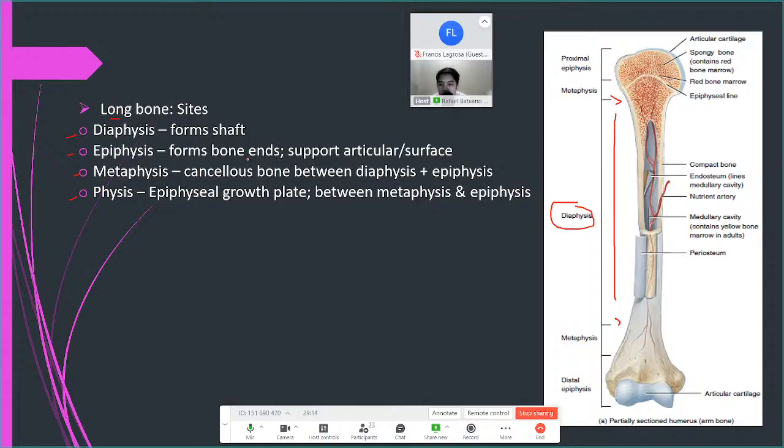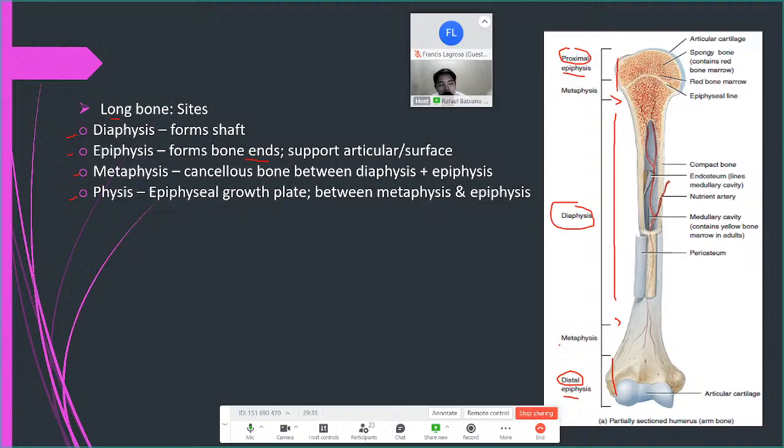The epiphysis are the ends. Okay, so if you can see here, epiphysis, from here to here, from here to here. That's the epiphysis, the ends. Now, we have your proximal epiphysis and the distal. If you already read the terms, proximal means closer, distal means farther.